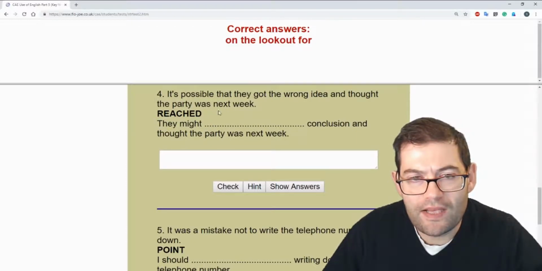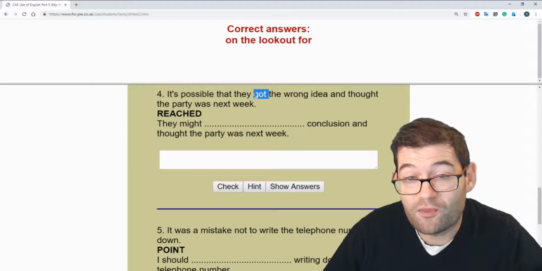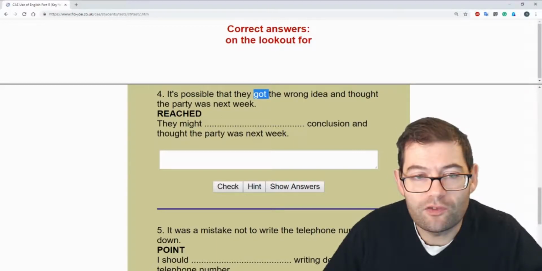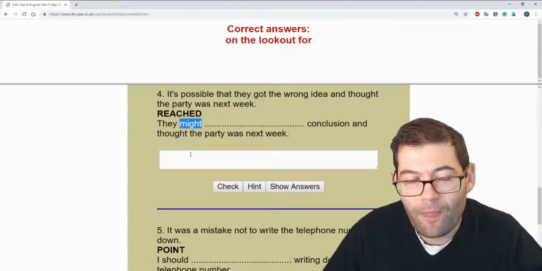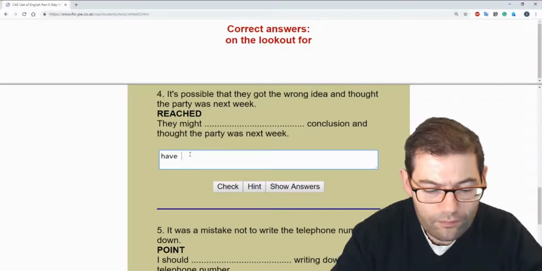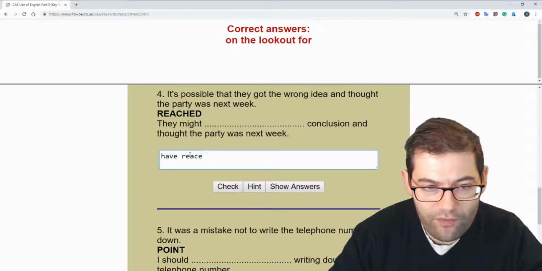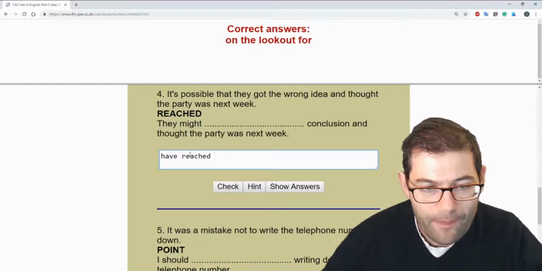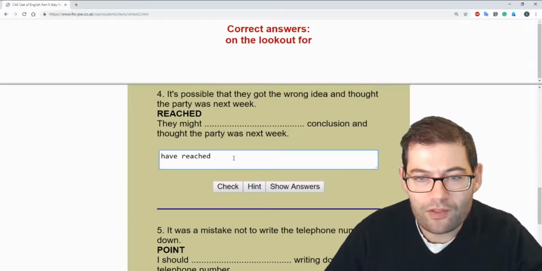First of all, let's have a look at tenses and times. So it's possible that they got the wrong idea. So we're talking about past forms. And we've got a modal here, which means if we're using modals in the past, we've got to use the correct form of have. So they might have reached.